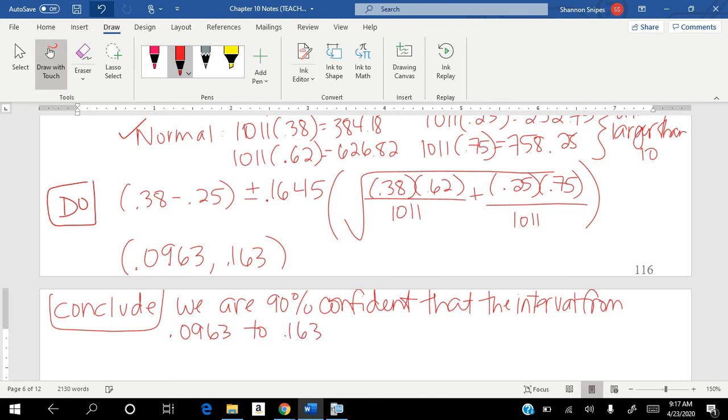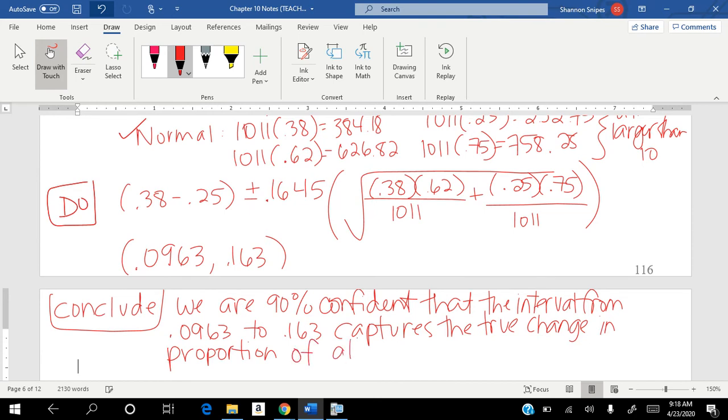Remember, you can write those as percentages if you want to, like 9.63 to 16.3. Captures the true change in proportion of all U.S. adults who agree with the statement about gun laws.